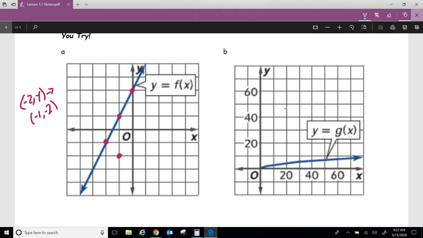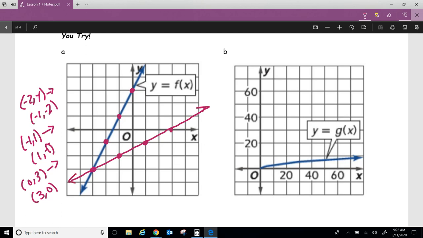My next point is -1, 1. And that is going to become 1, -1. So 1, -1 is here. And then the last point I chose was 0, 3. And that would become the point 3, 0, which is here. And so we're going to connect the dots.